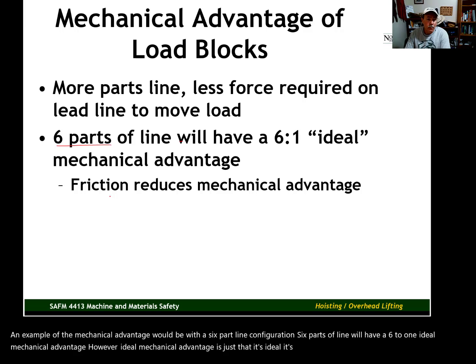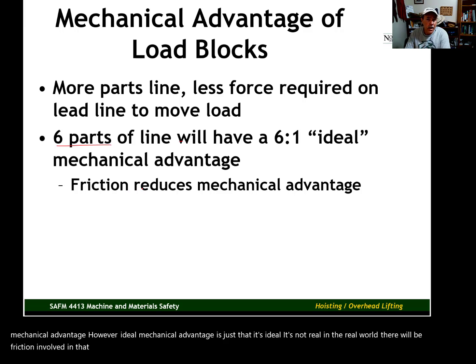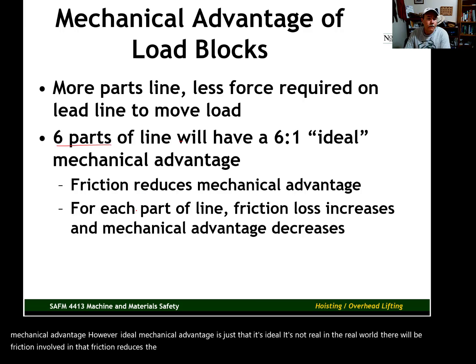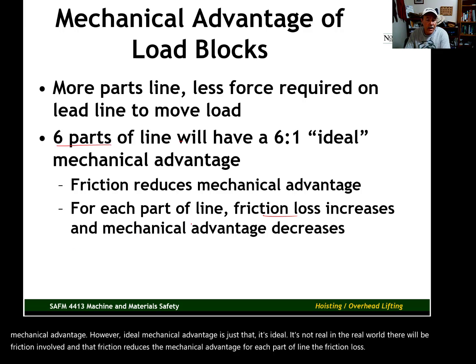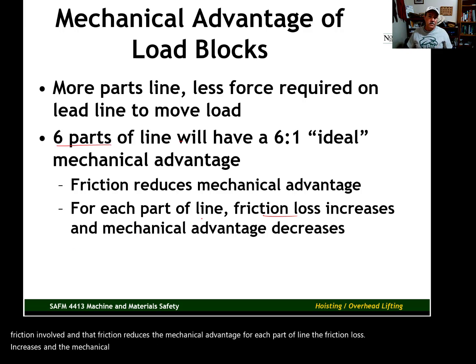In the real world, there will be friction involved, and that friction reduces the mechanical advantage. For each part of line, the friction loss increases and the mechanical advantage decreases. There still is a great advantage of using a multiple sheave, multiple part line load block, but it's not going to be ideal. 6-to-1 advantage with 6 parts of line.